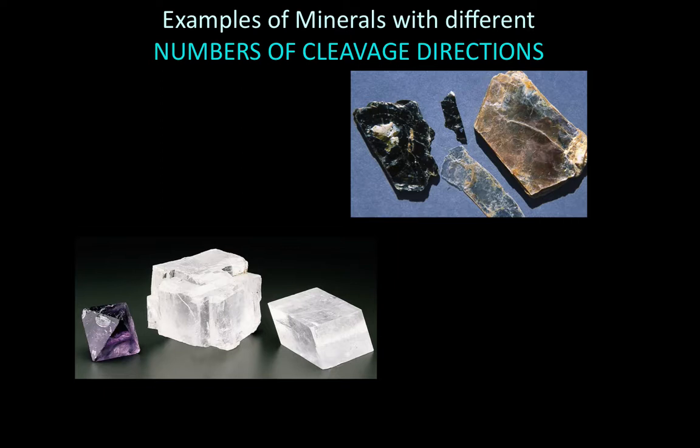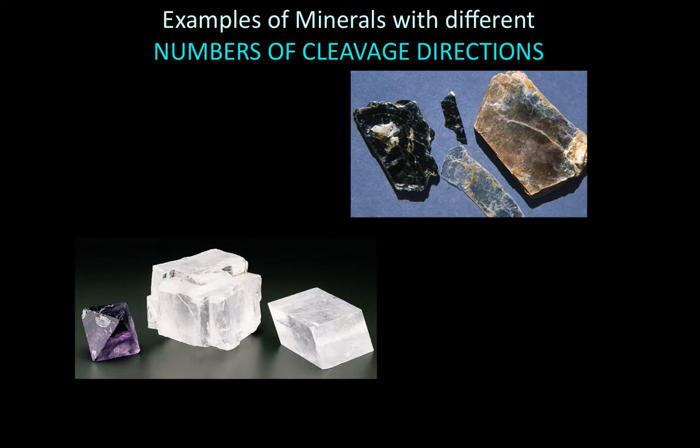If you have mica, which is shown in this top picture, mica is like a deck of cards. In a deck of cards, you would have many, many flat surfaces, but all of them are parallel to each other. So if you were to look at the top card and the bottom card, we have 2 flat surfaces, but one is parallel to the other, so we subtract 1 from it, and we're left over with 1.